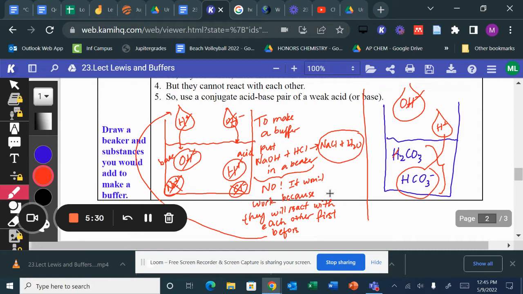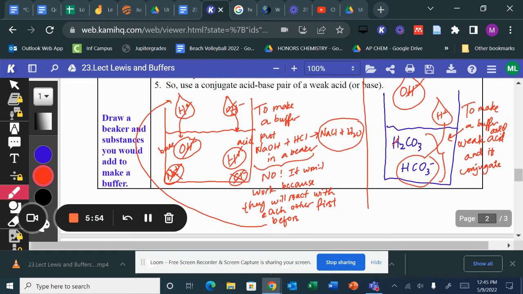To make a buffer, add a weak acid and its conjugate base. The reason it has to be a weak acid is that if it's a weak acid, its conjugate base is strong enough to take up the H+.